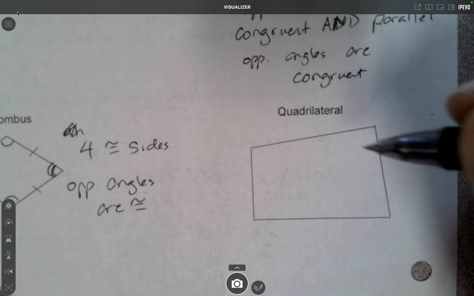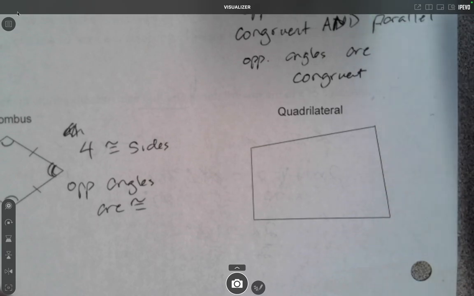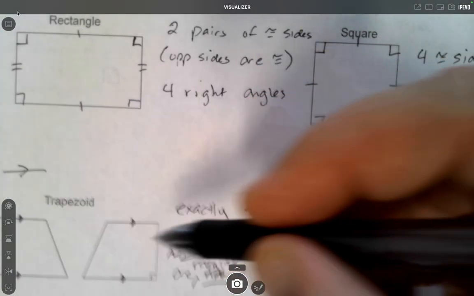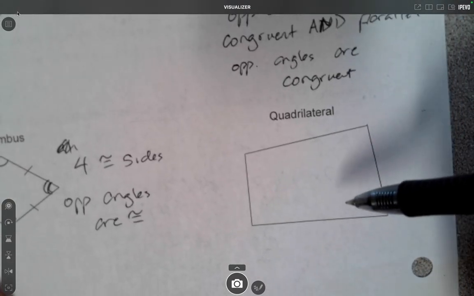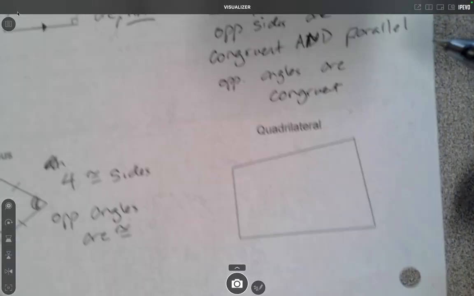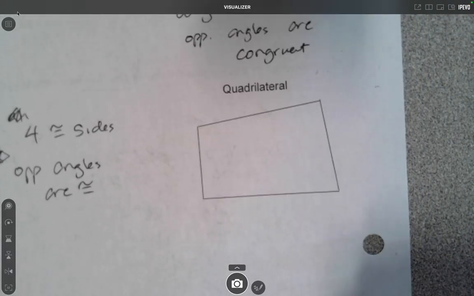Now, one thing you'll have to do on homework and on quizzes is label. Like I'll just show you a shape and say, what's the name of this shape, or how would you classify this shape? If it's one of these five, then you should put those names. Now, if it's a four-sided shape but doesn't fit the requirements for any of these, that's when you just write quadrilateral.